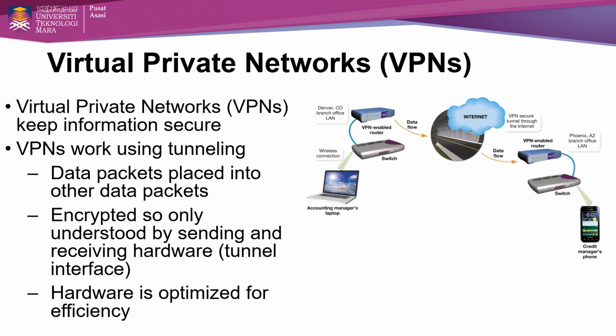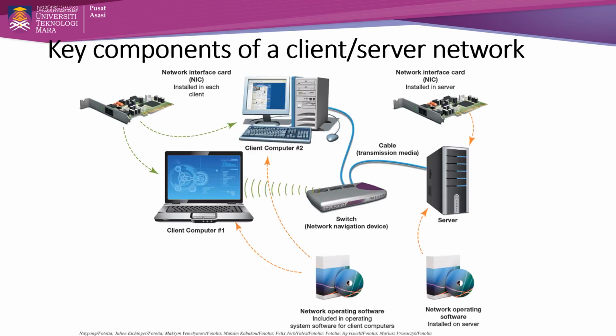VPNs use special security technologies and protocols that enhance security, enabling data to traverse the internet as securely as on a private leased line. Installing and configuring a VPN requires special hardware such as VPN optimized routers and firewalls. On top of that, VPN software must be installed on users' computing devices.